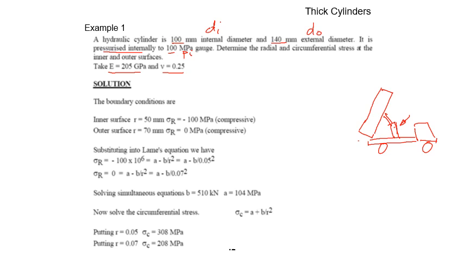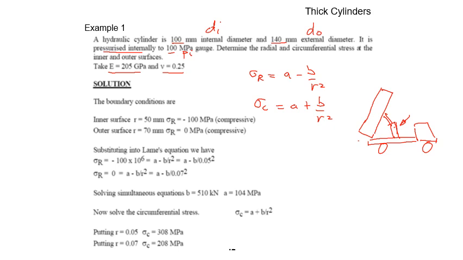So first, we have our general equation for Lame. So we have sigma R is equal to A minus B over R squared. Sigma C or sigma H is A plus B over R squared. Now these two are our general equations for Lame for a thick cylinder.